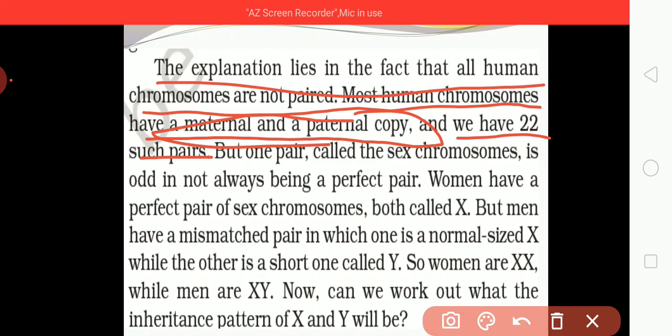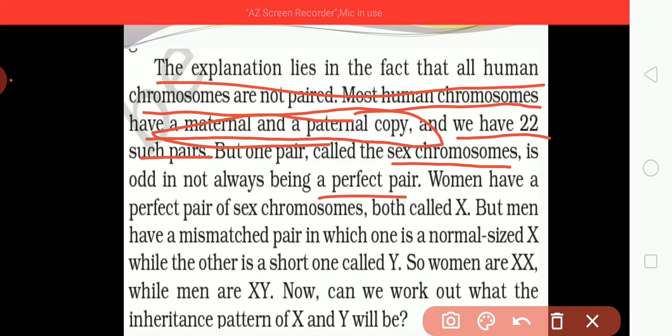But one pair, called the sex chromosomes, is the odd one and is not always a perfect pair. Once again, we have 22 such pairs, but one pair is called the sex chromosomes.